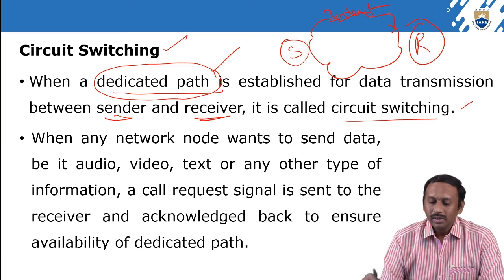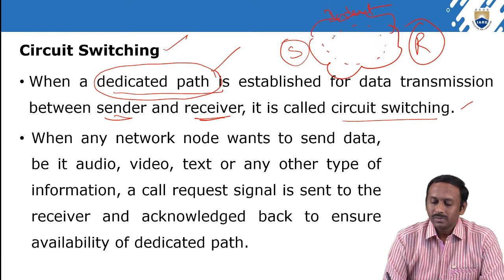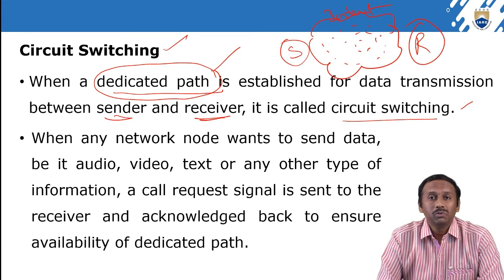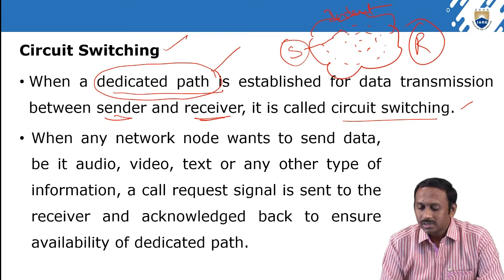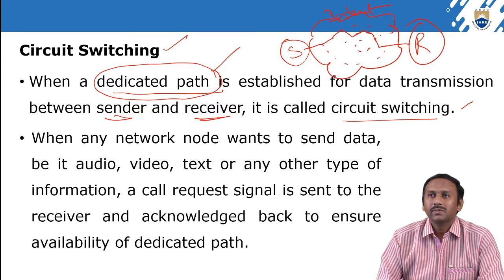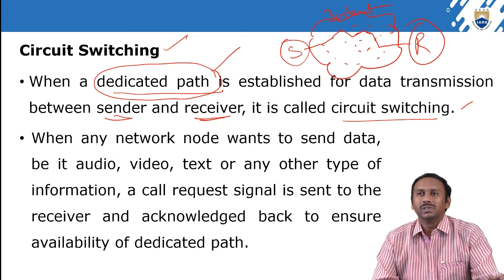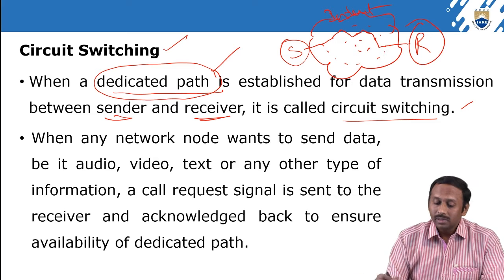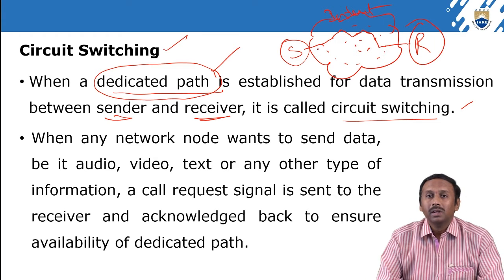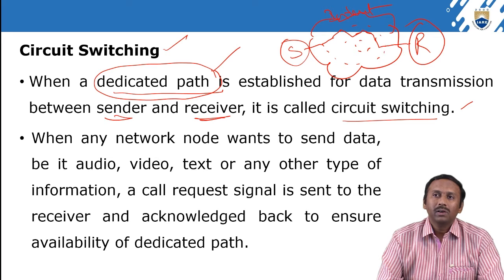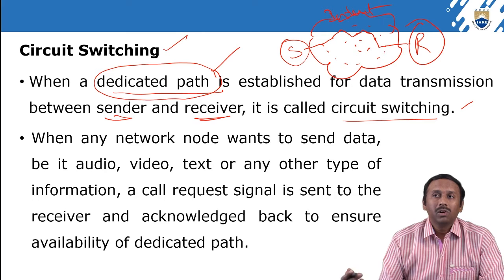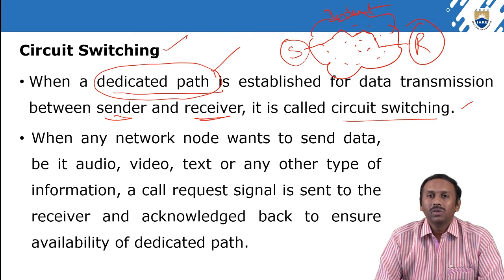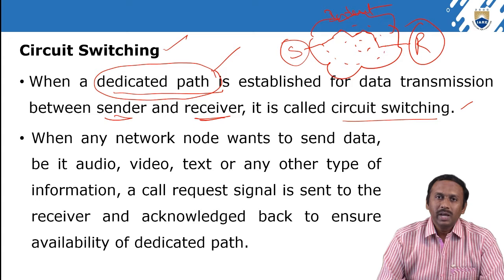We know that the internet has n number of networks interconnected. From source to destination, assume this is one dedicated path from sender to receiver. The sender may transmit a video file, an audio file, or a text file, or may even make a video call or voice call.